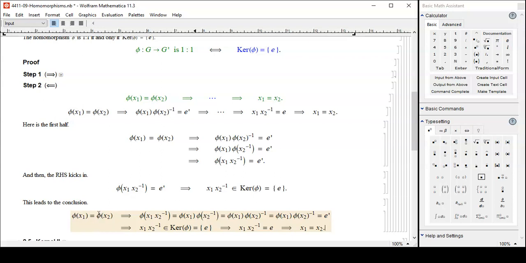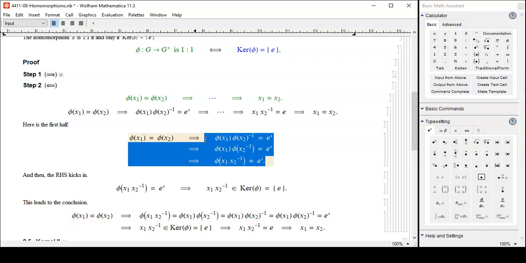So phi of x1 and phi of x2 are the same. Through this process, we're down to phi of x1, x2 inverse is E prime. Yeah, okay, all these repeat all those here.